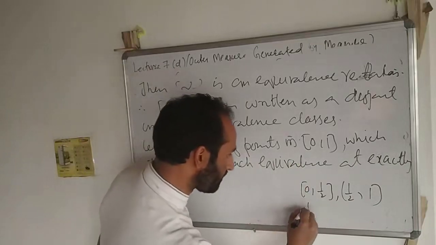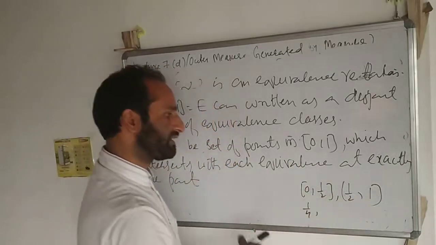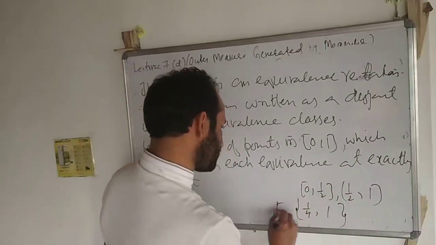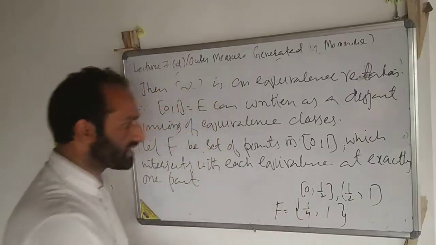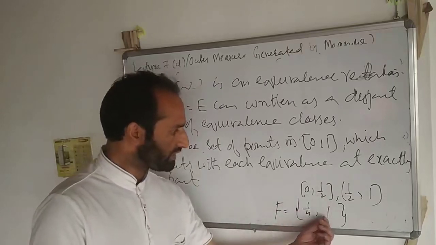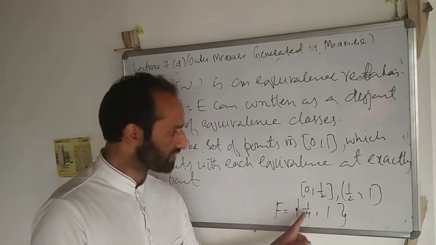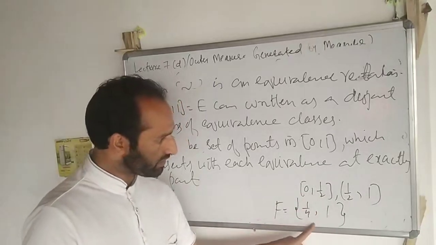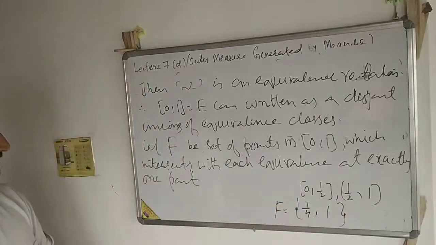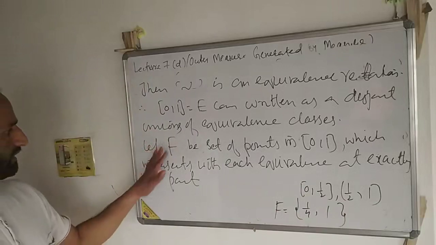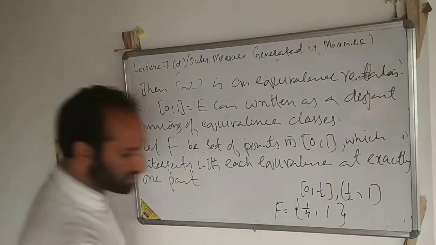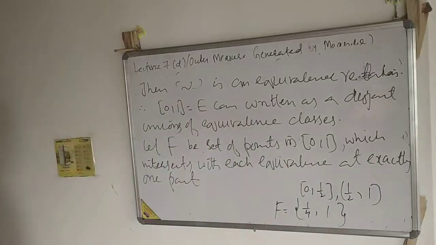Suppose I choose, say, 1/4, and one point from the other set, say 1. This is your set F. So F is the set which intersects each equivalence class at exactly one point, because there are only two. It intersects this equivalence class at 1/4 only, and it intersects the other equivalence class at only one point, that is 1. So F is a set like this, and it intersects each equivalence class precisely at one point.